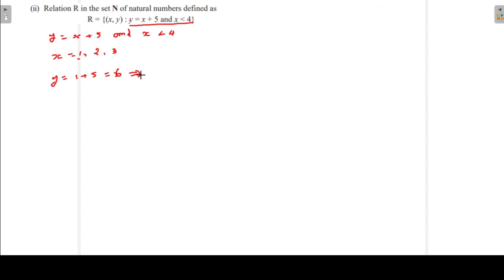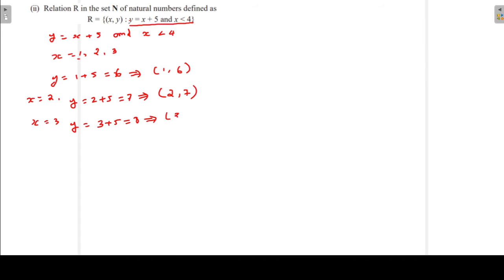This implies the point (1, 6). Then x equals 2, then y equals 2 plus 5, 7, so (2, 7). Next x equals 3, y equals 3 plus 5 equals 8, and the point is (3, 8).